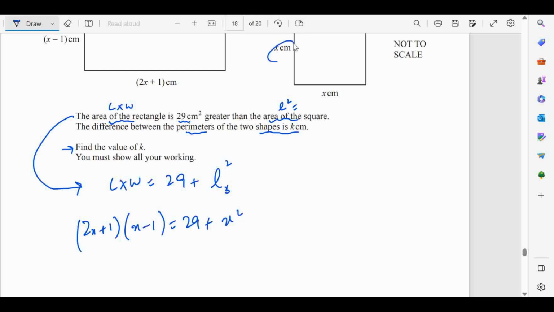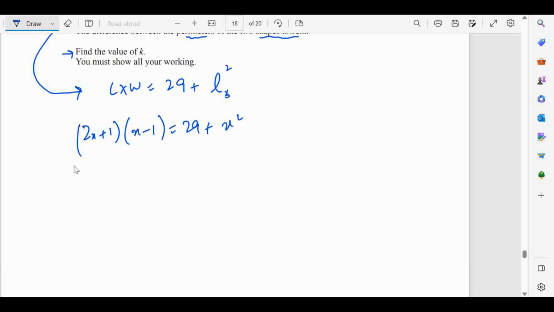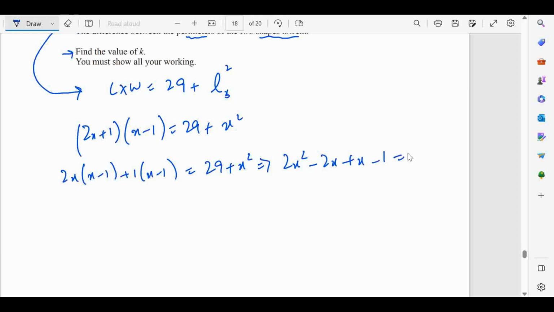Now if you multiply it, this will be 2x into x minus 1 plus 1 into x minus 1 is equal to 29 plus x square, and then this will be 2x square minus 2x plus x minus 1 is equal to 29 plus x square.